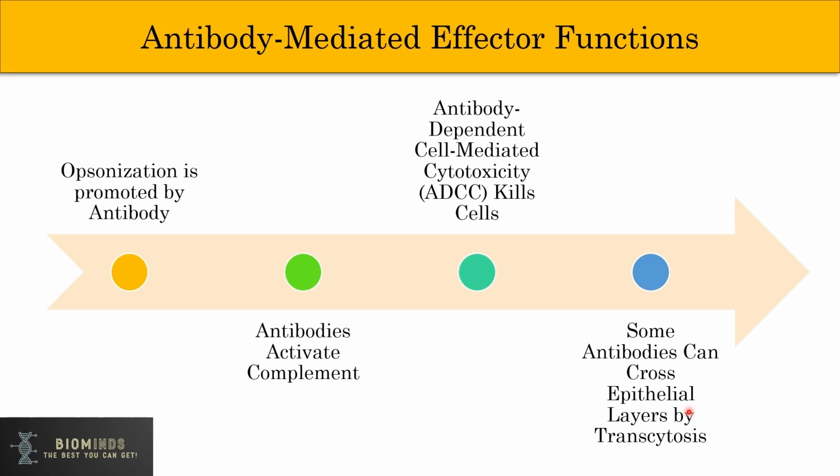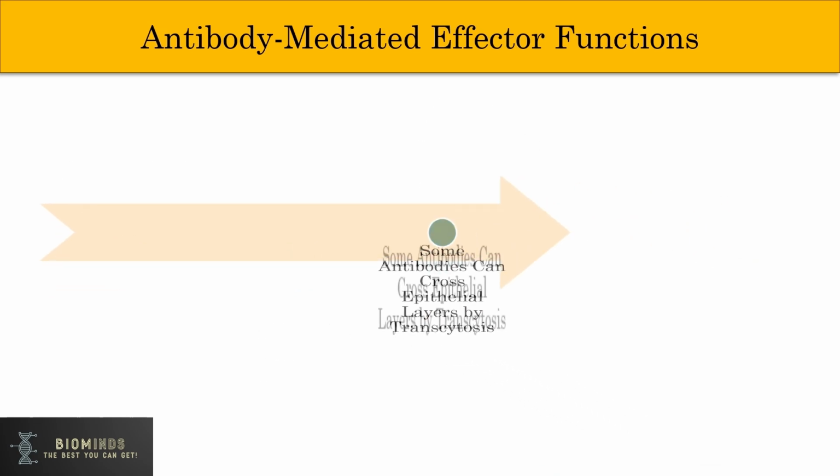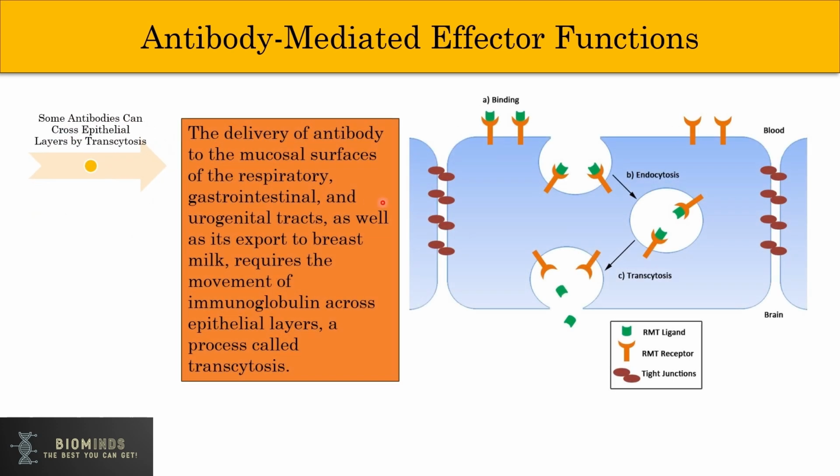Next function is transcytosis. So what is transcytosis? As you all know, we have certain secretions. We have mucous membrane, which is lining our respiratory tract, urogenital tract, and gastrointestinal tract.